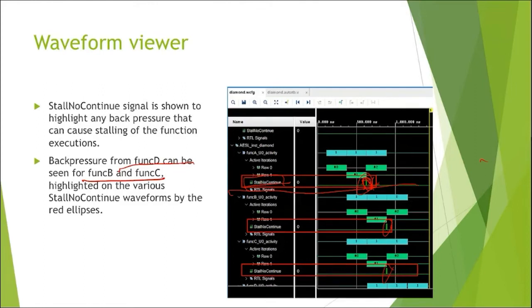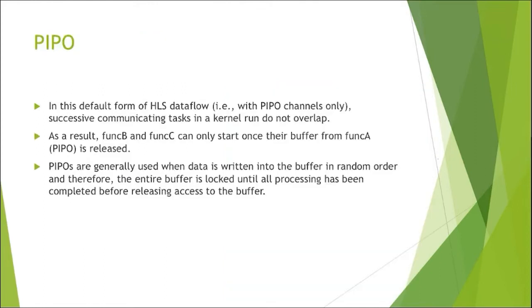Okay, and now I'm going to talk about FIFO, which is used in this lab. This is the default form of data FIFO, and when we use the FIFO, the consumer can be executed only after the producer is done.